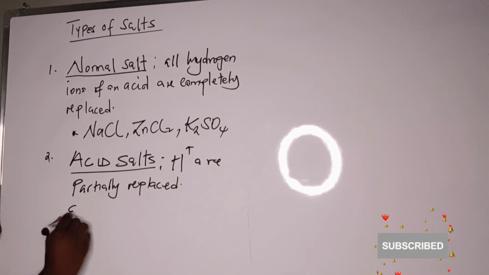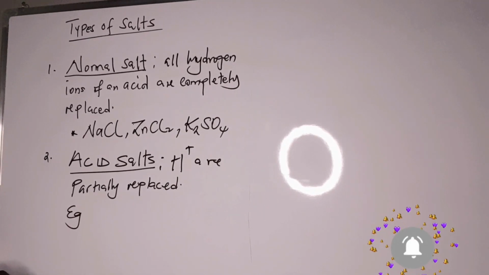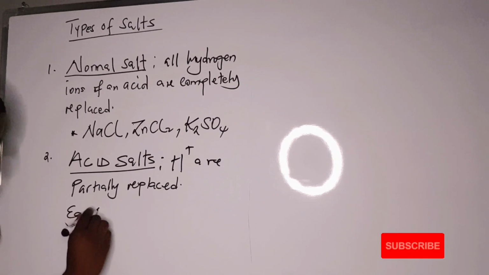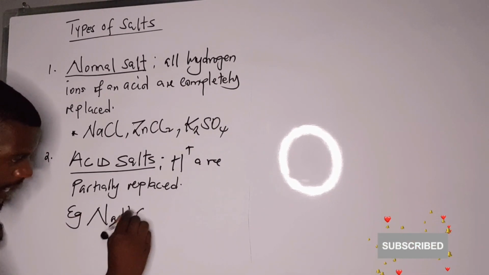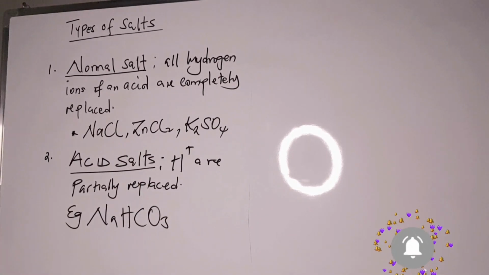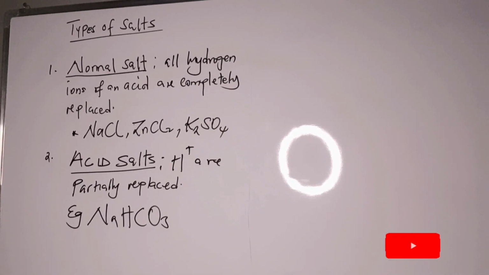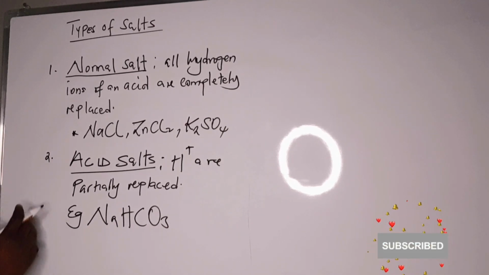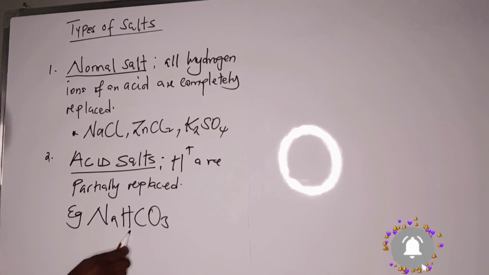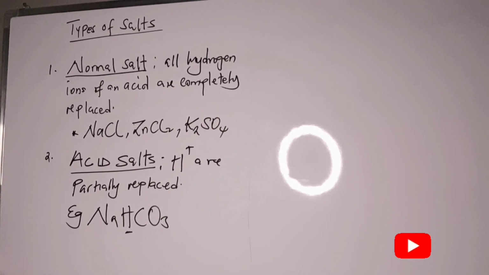For example, sodium hydrogen carbonate is one of the examples of an acid salt because of the presence of this hydrogen.